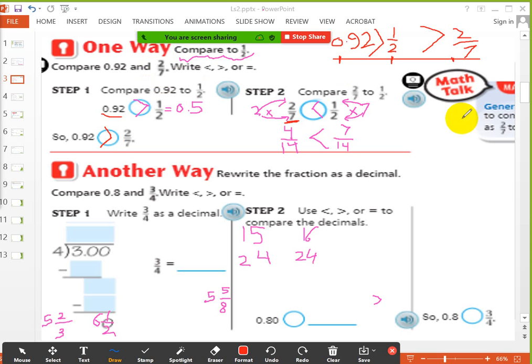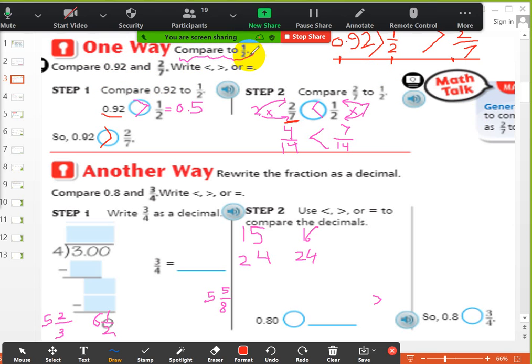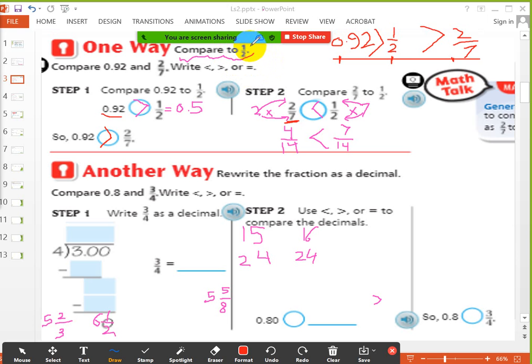So I can't write this number as a decimal number. So I have to use 1 over 2, as it told me to compare to. That means use this number in your comparison to help you know which one is the greater.